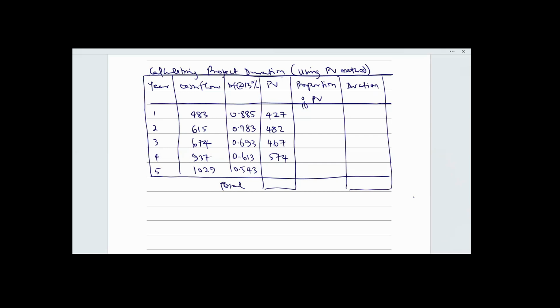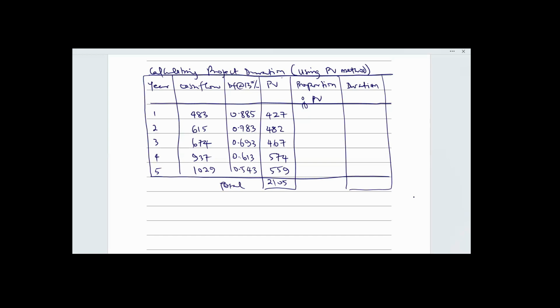Year 5, 559. Add it up. When you add everything together, I think we have 2105. Okay, then. So let us calculate the proportion of the present value to the total present value.